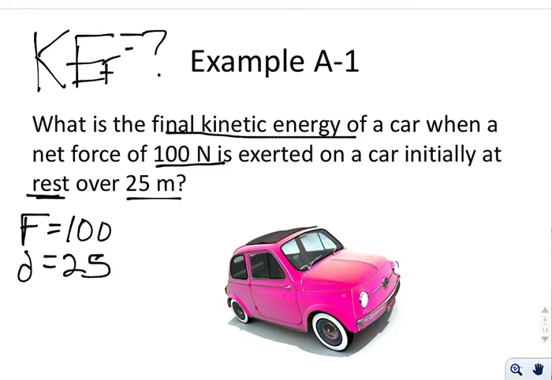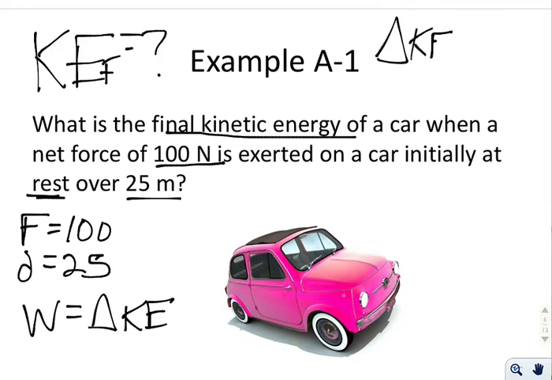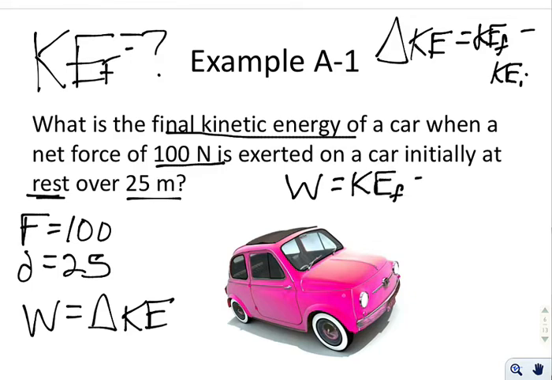So our equation is work is equal to the change in kinetic energy. Now remember, for anything, the change in anything is always the final minus the initial. So KE final minus KE initial. So we can say work is equal to KE final minus KE initial.